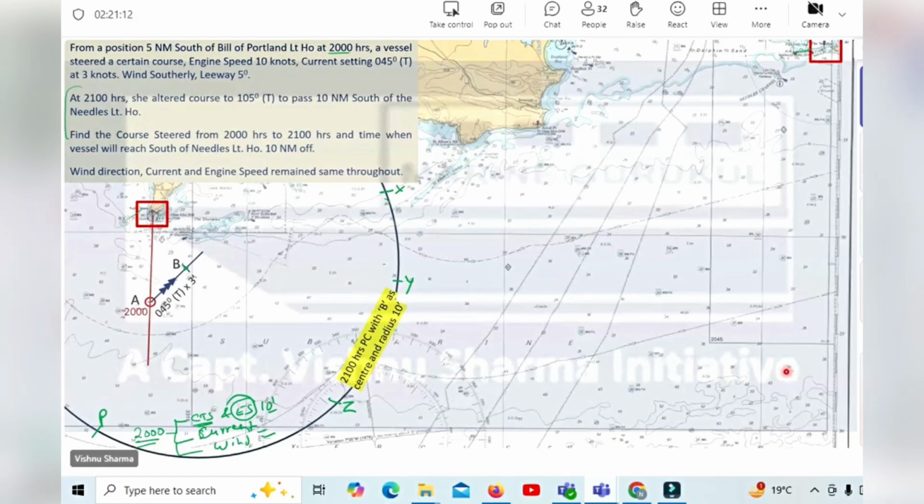From 2100 hours, she alters course to 105. So from 2100 hours onwards, the course is 105 degrees true. The engine speed of the vessel is known to us, that is 10 knots. Engine speed remains the same throughout, the question says so. The current remains the same, 0.45 and whatever the rate was. The wind remains the same.